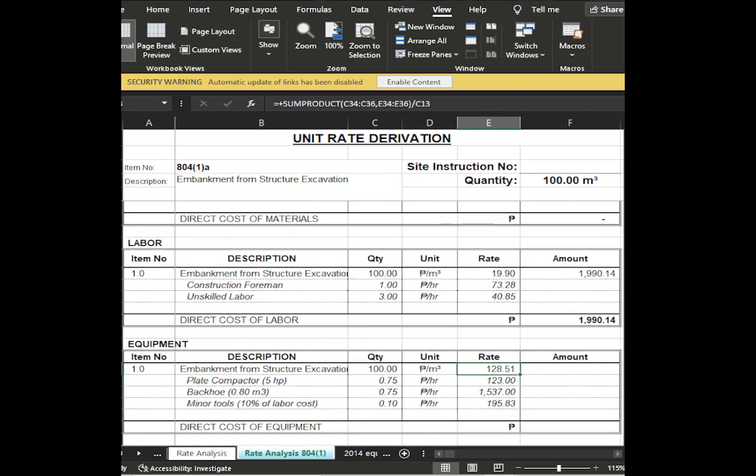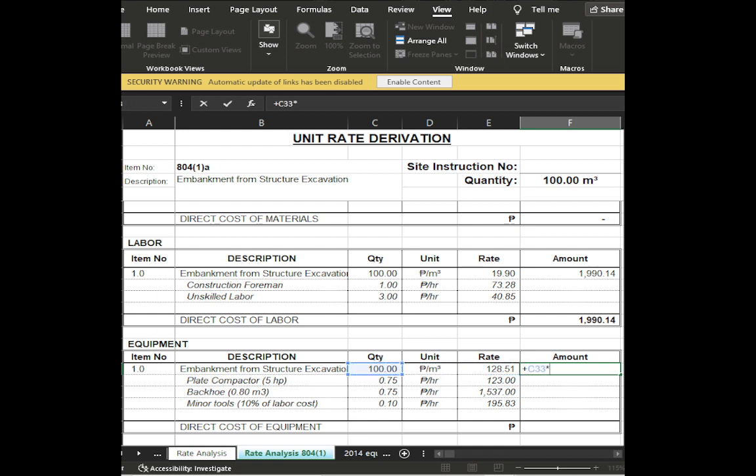So it is 128.51 peso per cubic meter. To get the 100 cubic meter amount, we'll just multiply it by the quantity. Then we have 12,851 for 100 cubic meter of embankment.